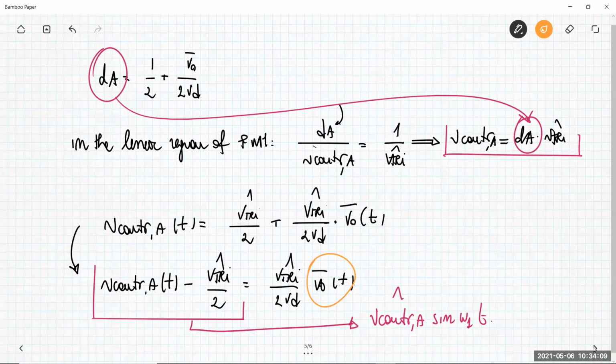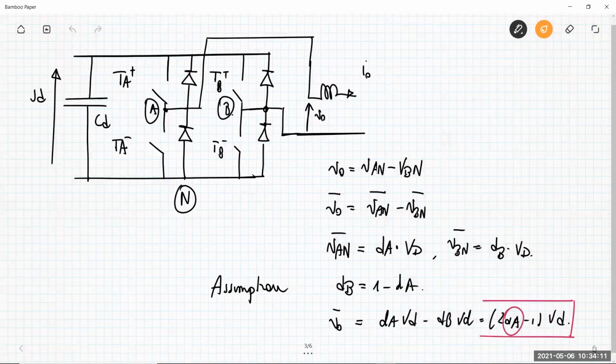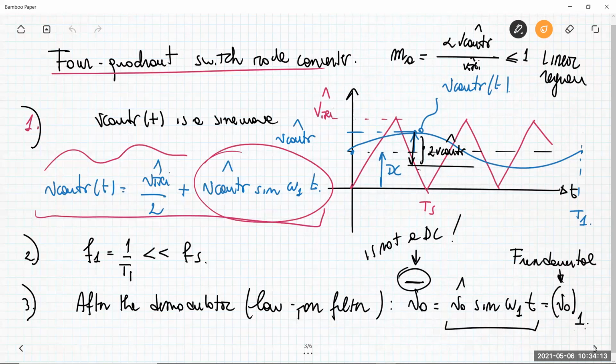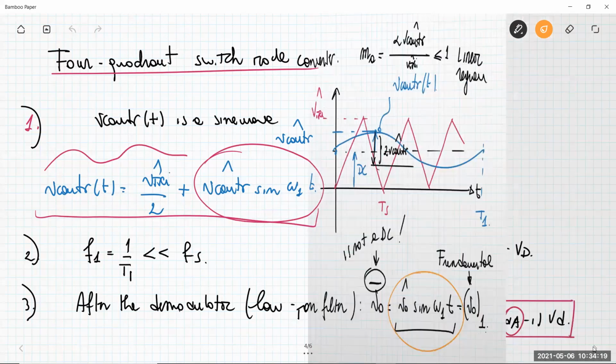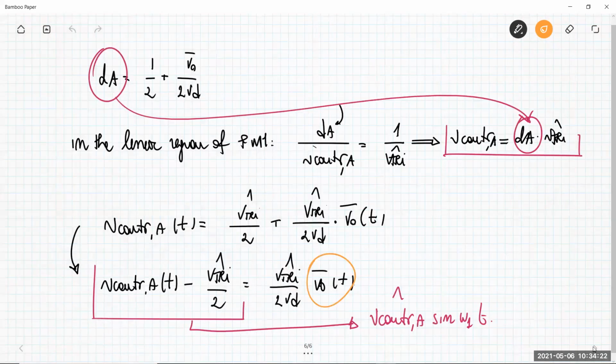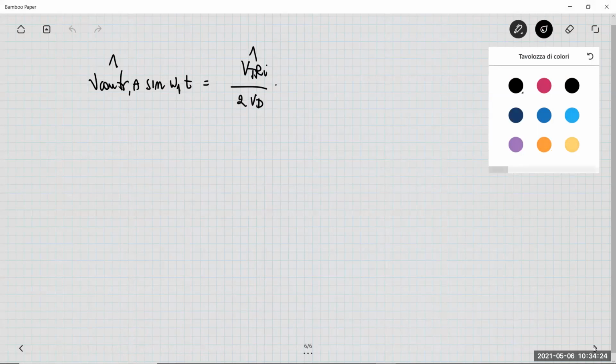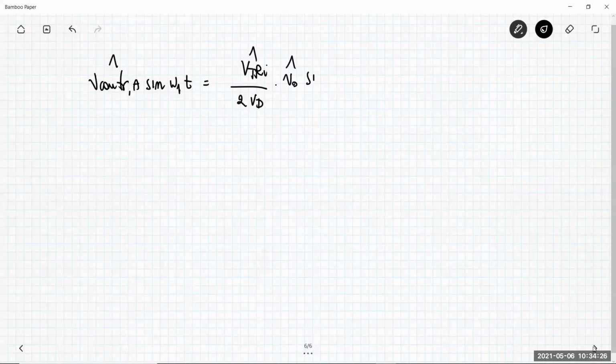But the output average value is something that we can describe in this way, because what I want is a sine wave having a peak value and a behavior like a sine wave. So we have V naught sine omega 1t.